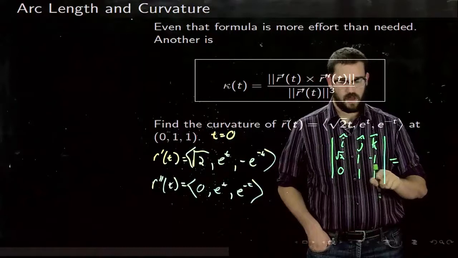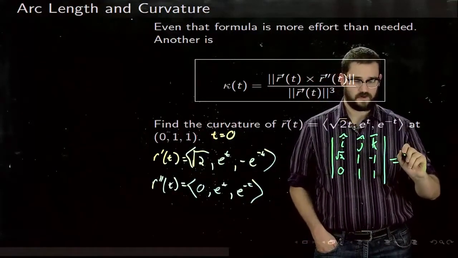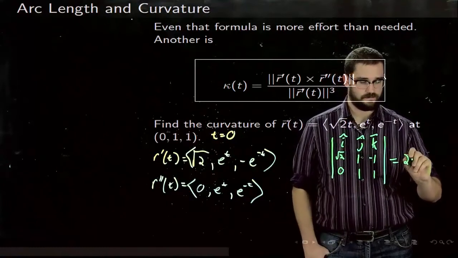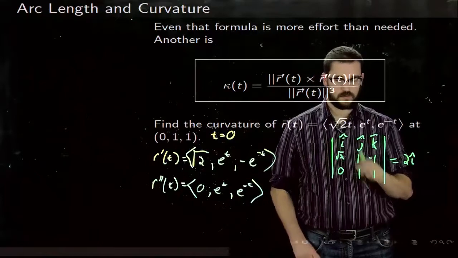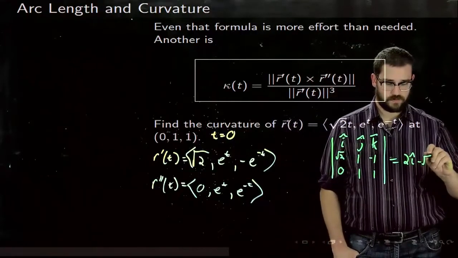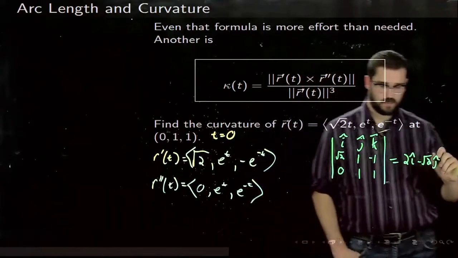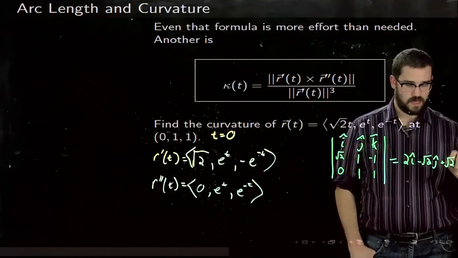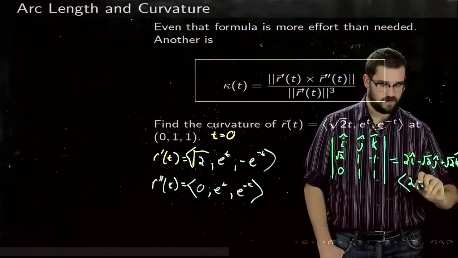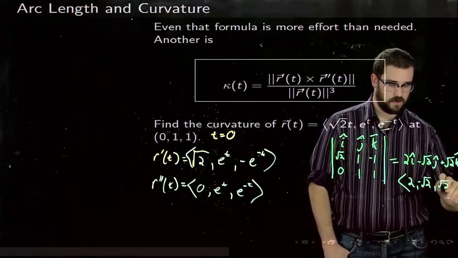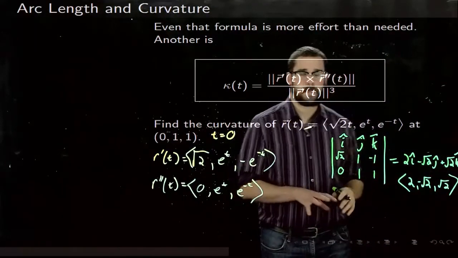Well, we get 1 minus negative 1, so we have 2 i hat. And here we get negative square root of 2 j hat. And here we get square root of 2 k hat. In other words, 2, negative square root of 2, square root of 2.